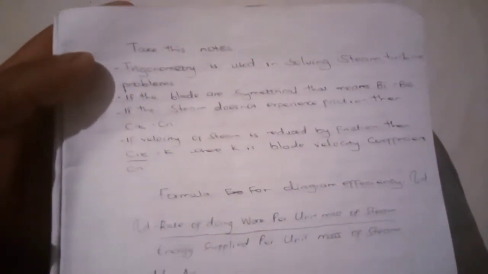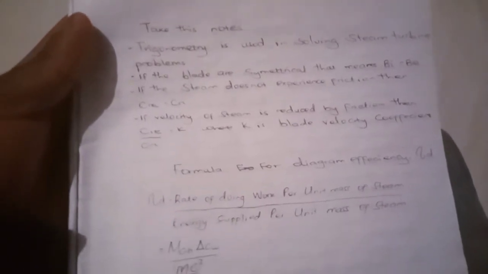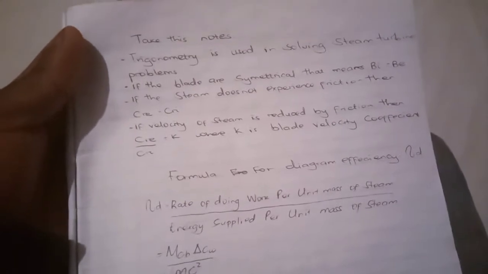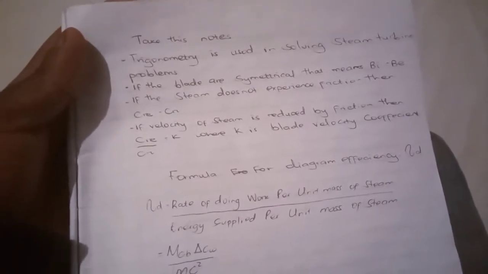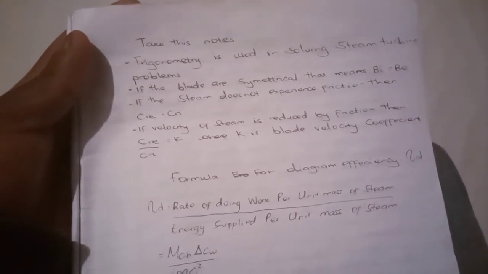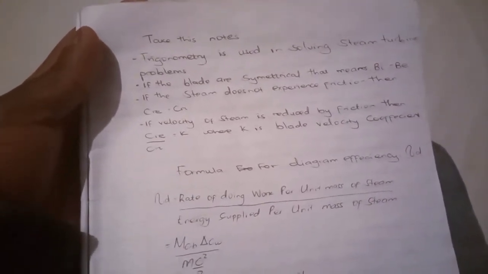Important notes to take. Trigonometry is used in solving steam turbine problems. If the blades are symmetrical, that means BI, the velocity of the steam at the inlet, and the velocity of the steam at the outlet are symmetrical.